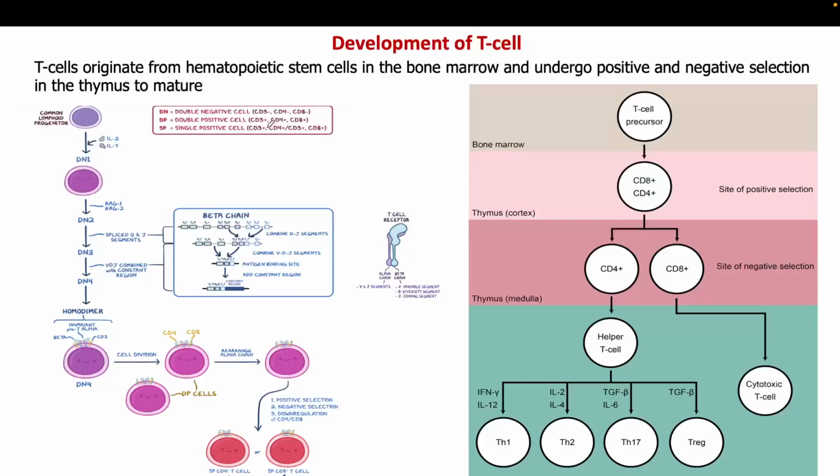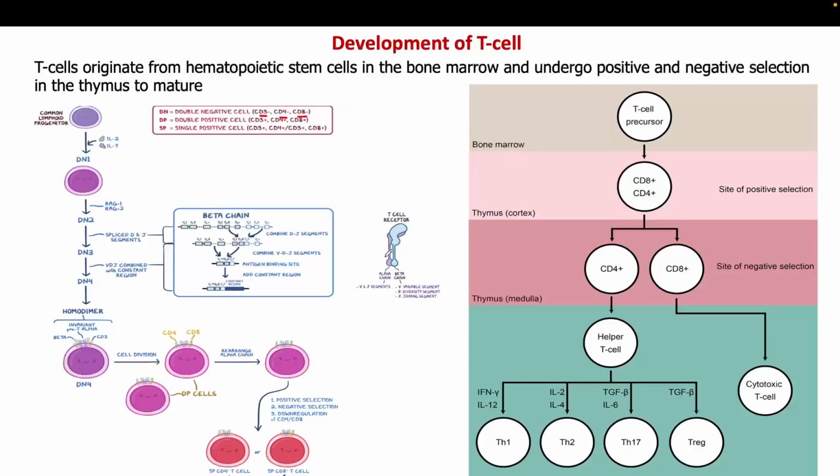Double negative cell means it does not have the CD3 surface marker, CD4 surface marker, or CD8 surface marker. Okay, after that it will be converted into DN2, that is double negative 2. Here what will happen is the RAG1 and RAG2 genes will be expressed. Okay, these are two enzymes.